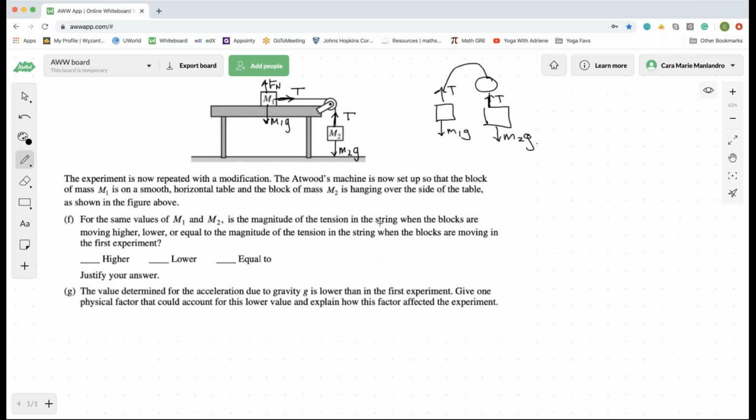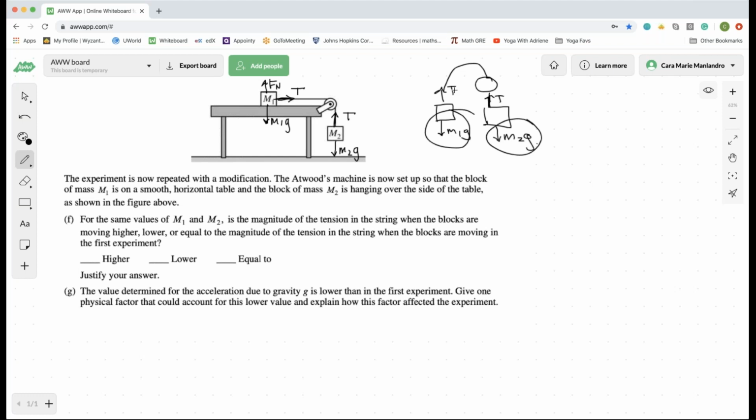Wouldn't they be equal? So what I'm looking at over here is that I have this and this pulling on that rope. All right, let's think about this in a real world example. Let's say I take a rope and I throw it over a tree.